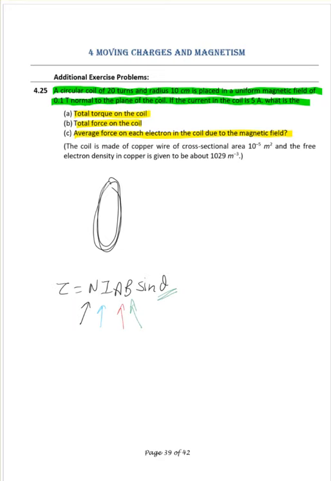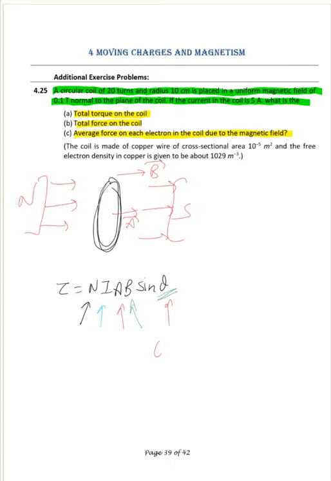How much is theta? We are told that the magnetic field is normal to the plane. It means that the magnetic field must be applied in this way. Then I can say it is normal. Now this is the area vector and this is B. So what is the angle between B and A? It is 0. So the theta value is 0.